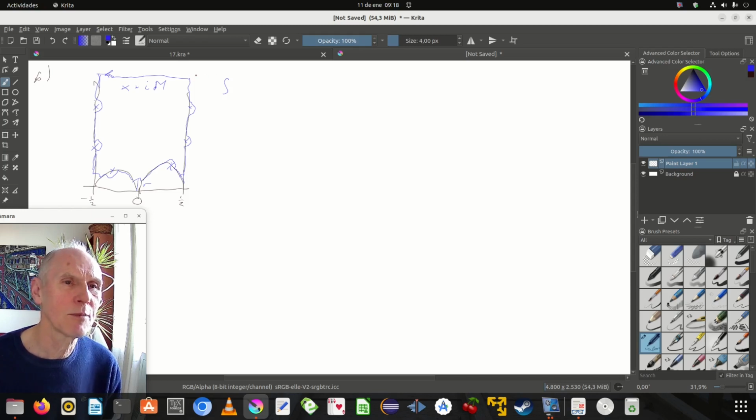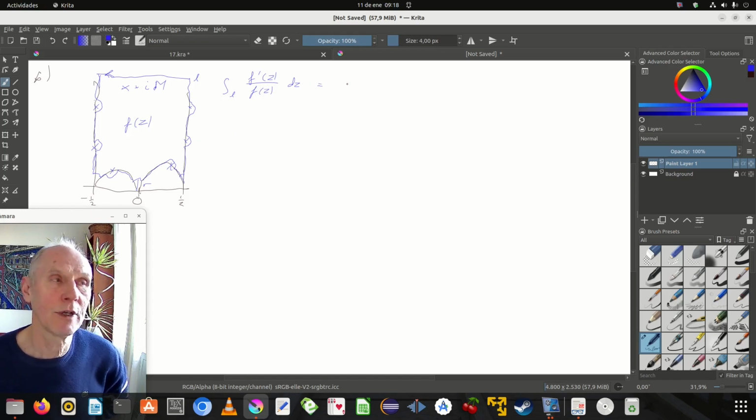What do we call this path? L. And then the function we are interested in, f of z. And of course it's equal to, yes, what is it equal to?